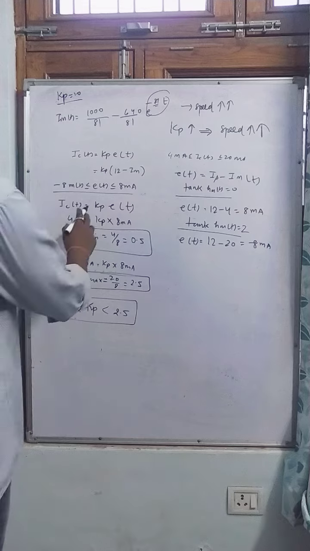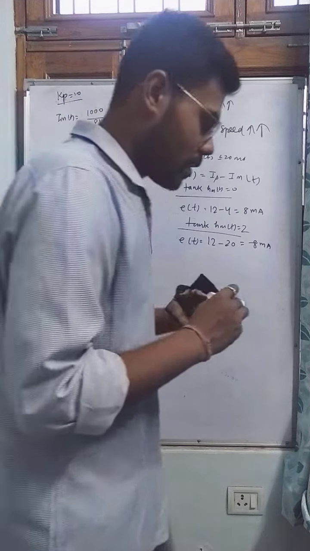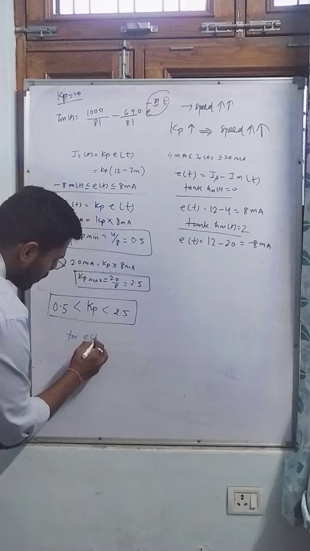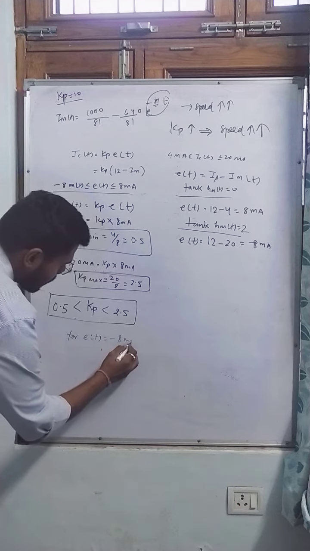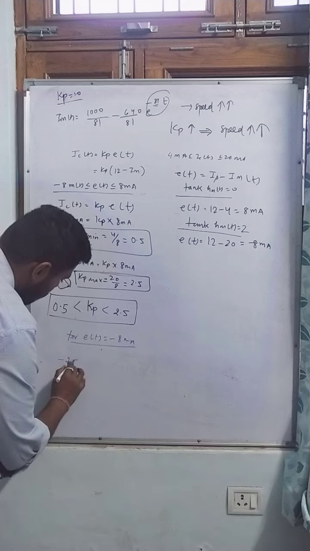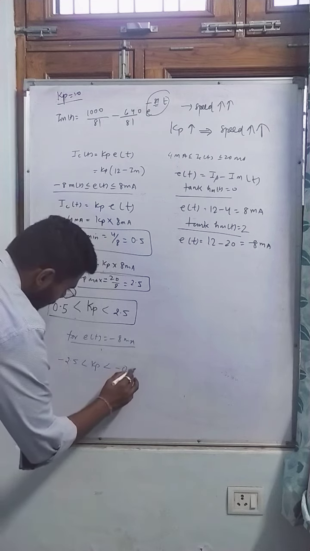And in case you consider the negative part, for Et equal to minus 8, you will get Kp range from minus 2.5 to minus 0.5.